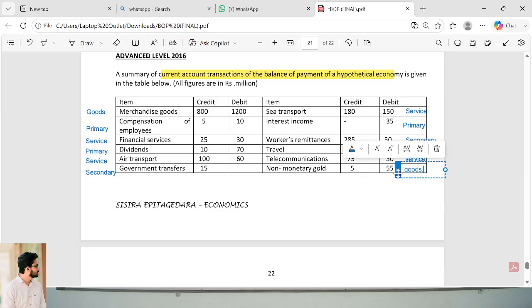Now the first task is complete. But the next one: you are not given payments and receipts, you are given credit and debit entries. Remember this shortcut.